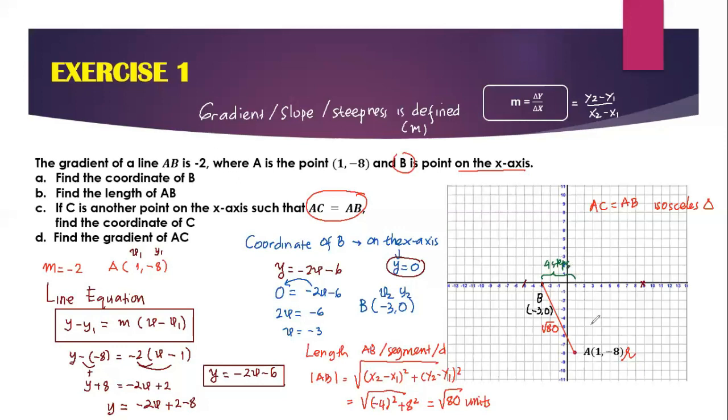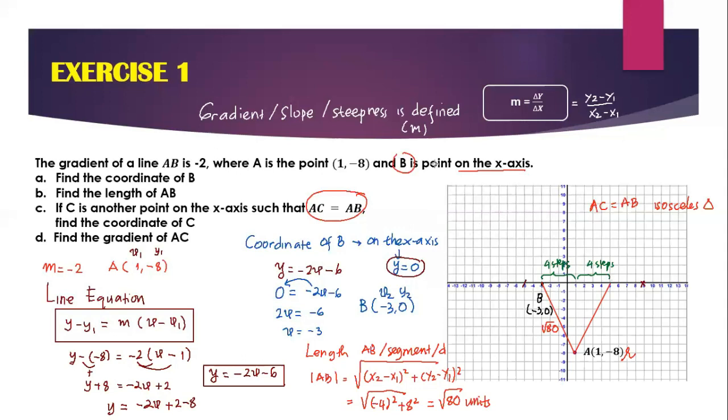So to create the isosceles triangle, it means 4 steps right. Right? So it means here. Is it clear to you, everyone? So the coordinate of C will go to here. Yes, sir.